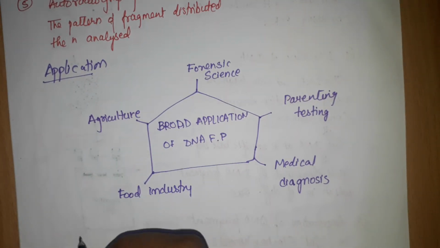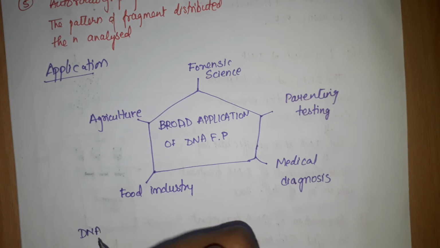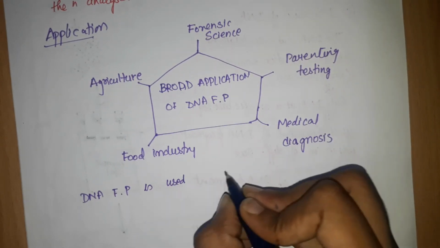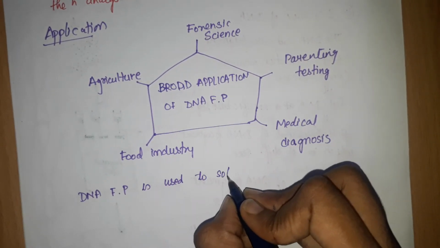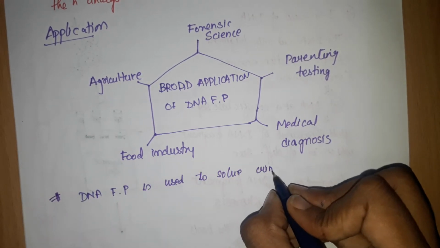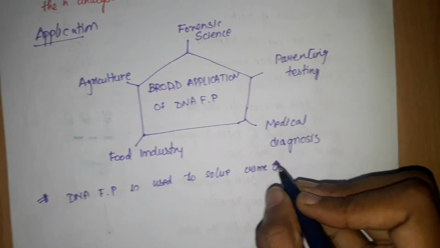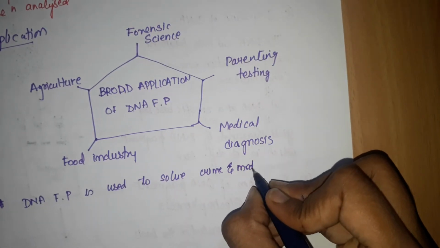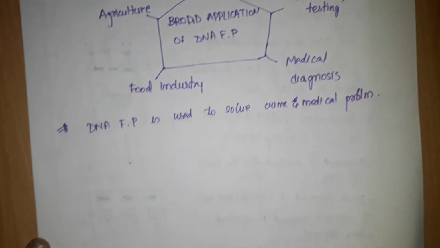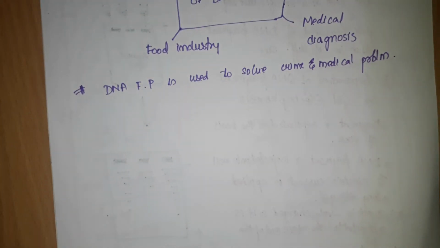DNA fingerprinting is used to solve crime and medical problems. Let's take an example.